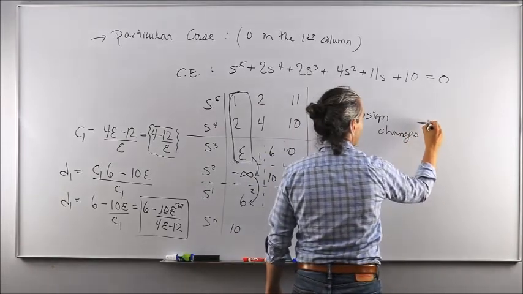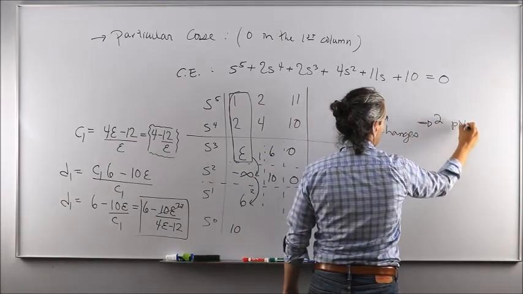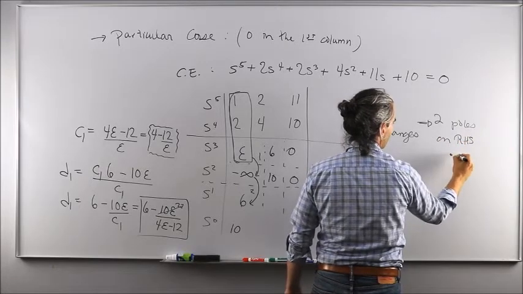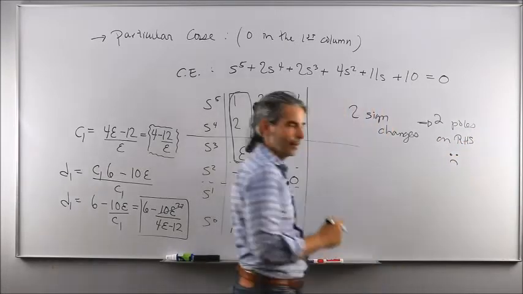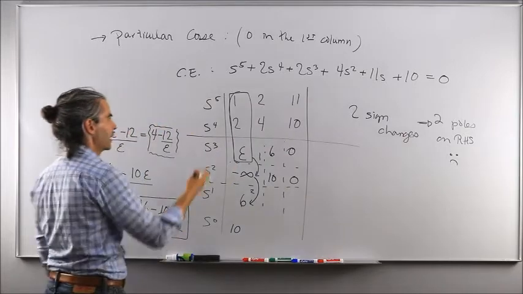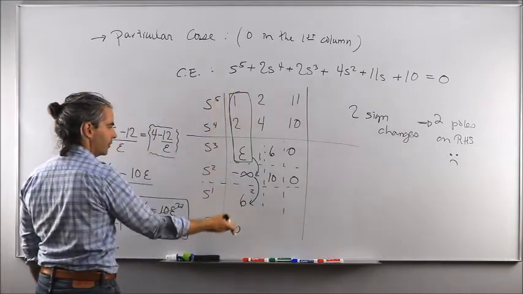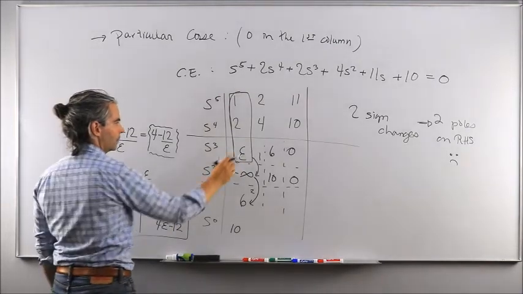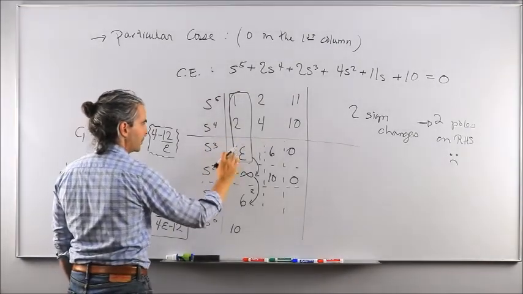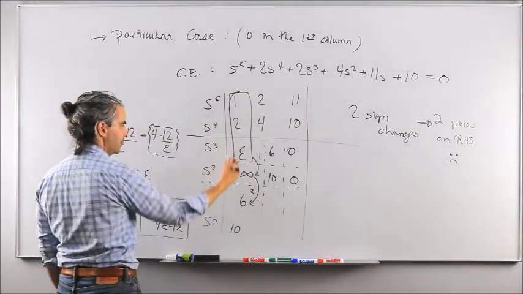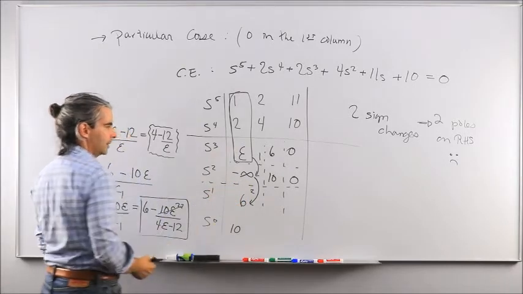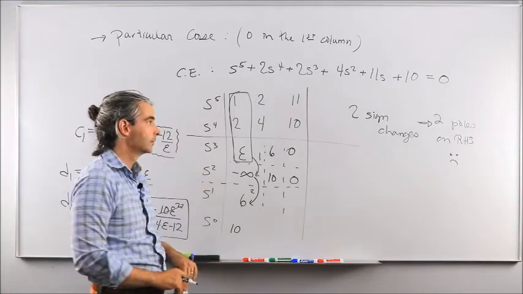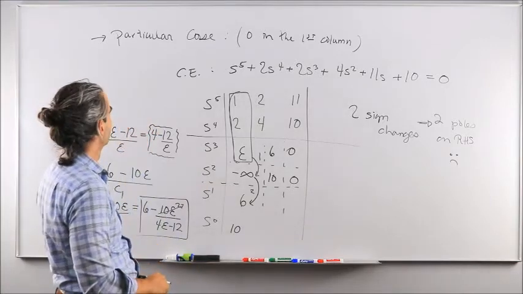Meaning that we end up with 2 poles on the right-hand side, which isn't very good news, okay? So that is the trick whenever you hit a point in the calculation of the coefficients on the first row which is equal to 0, right? That was our 0. So we swap that out with epsilon instead and keep carrying on with the calculations of the follow-up entries in the Routh array. Cool.